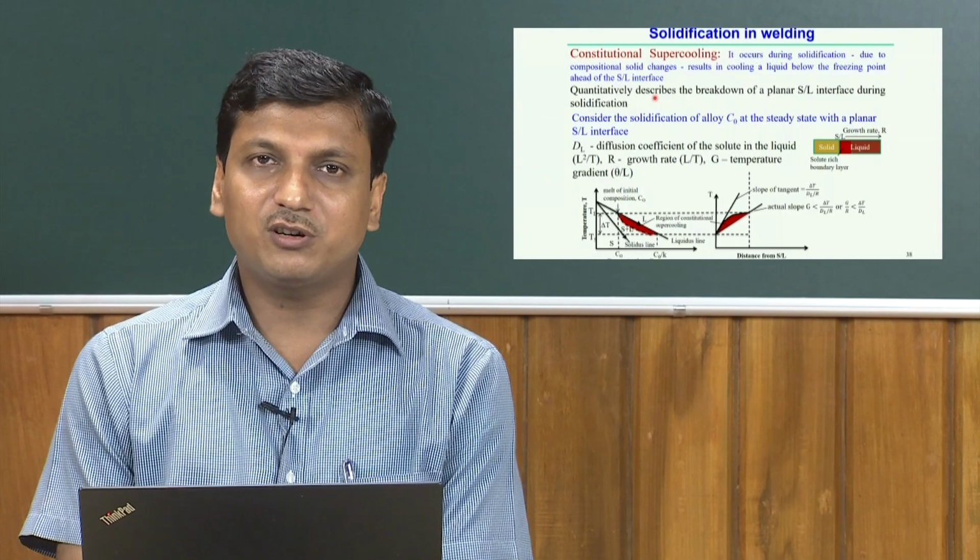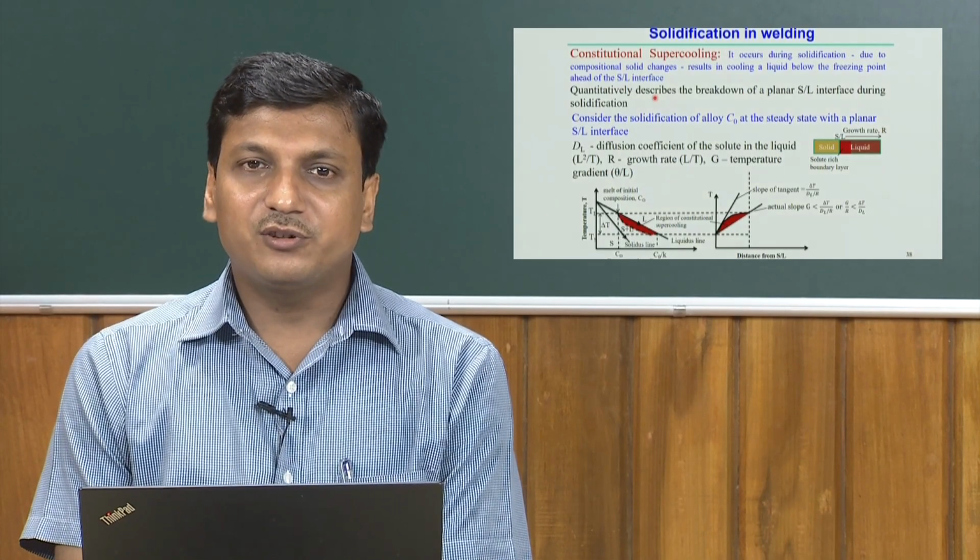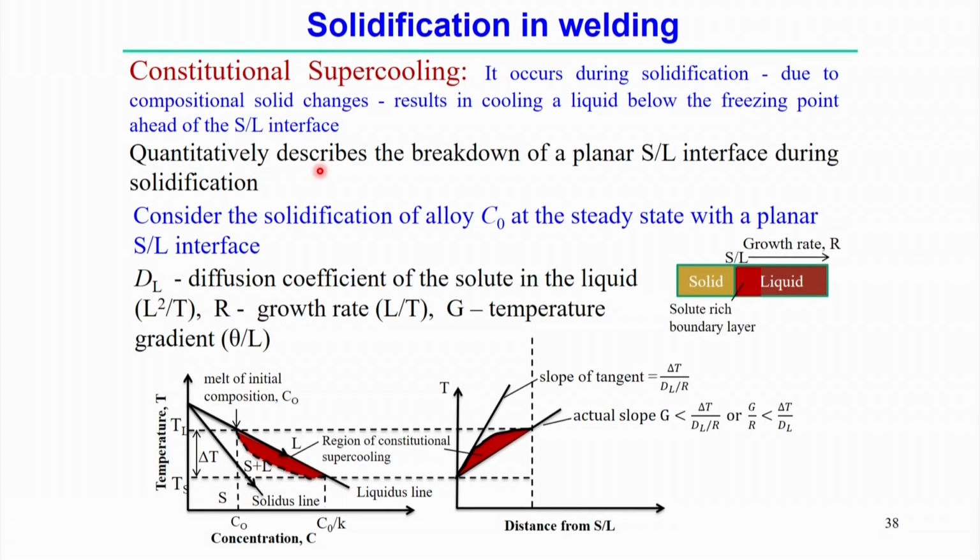But constitutional supercooling can be defined in such a way that it occurs during solidification due to compositional changes, which finally result in liquid metal below the freezing point temperature, and that exists ahead of the solid liquid interface.